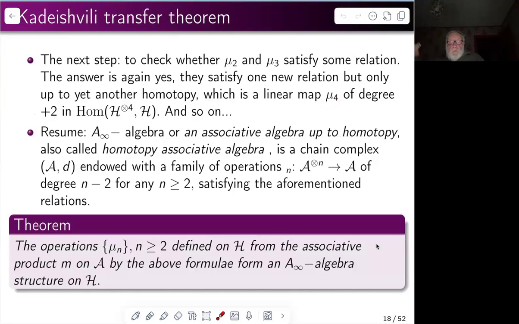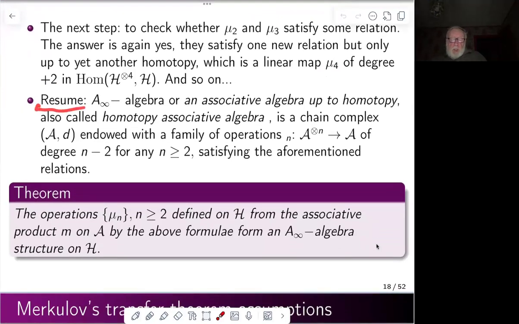So each time we will have satisfaction only up to homotopy with a new and new linear map mu sub n. In short, we have an associative algebra A infinity only up to homotopy, and we will call it a homotopy associative algebra. So formally it is a chain complex endowed with a family of such operations, mu or m.